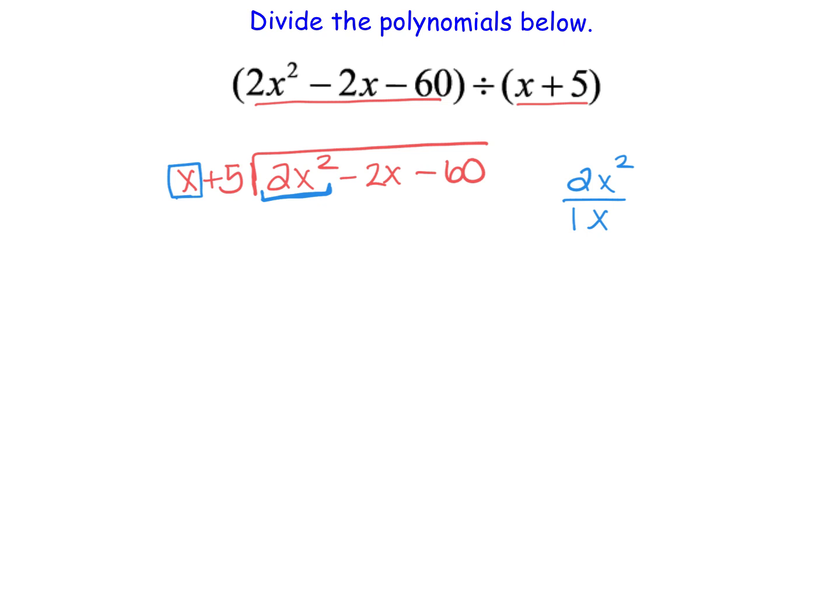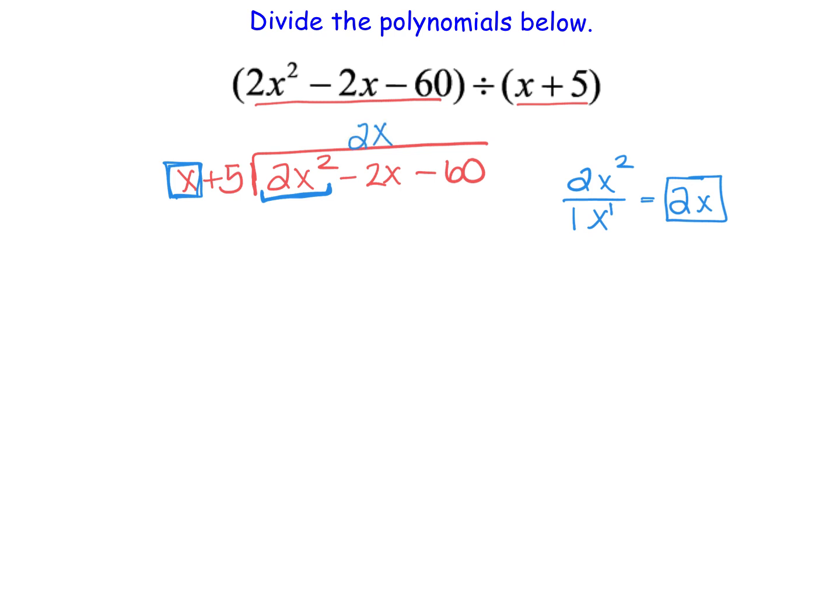And so here if I take 2x squared divided by 1x, I get 2 divided by 1 is 2, and then x squared over x to the first, we just subtract their exponents and we get x to the first, or just 2x. So that's telling me 2x times 1x will give me 2x squared.